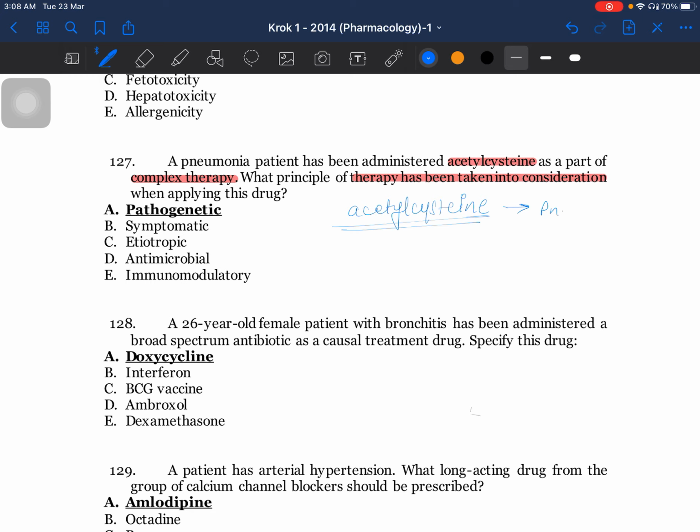Under pneumonia. So why am I giving this? I'm giving this because in pneumonia the patient may be having what? A wet cough or mucus. So I need a mucolytic drug.